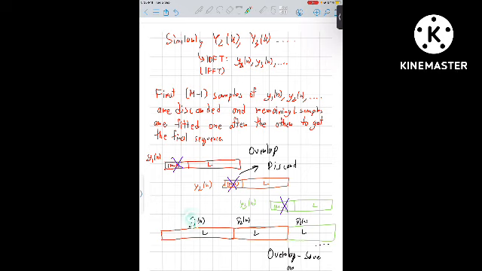I was saving the previous m-1 samples, so that's why it's called an overlap save or overlap discard method.